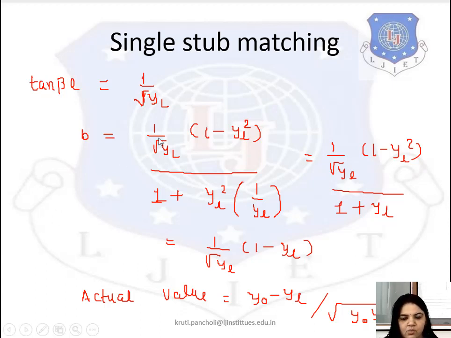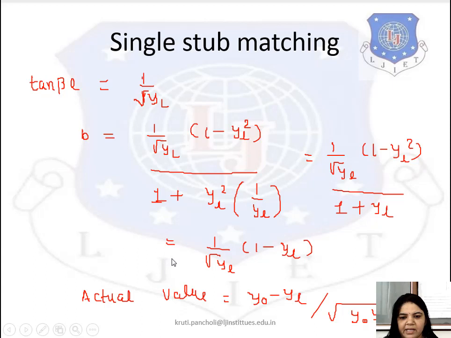So B is equal to 1/√YL, (1 - YL²)/(1 + YL) into 1/YL. Here 1 - YL² is (1 - YL)(1 + YL), and 1 + YL is cancelled from both sides. Here we are getting 1/√YL times (1 - YL).